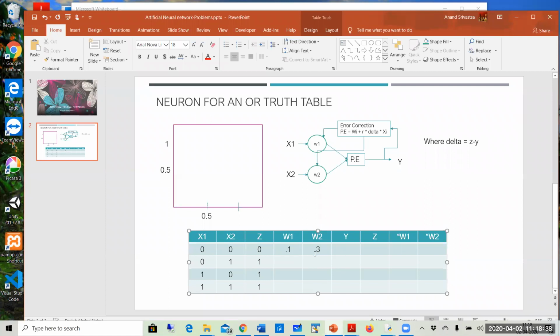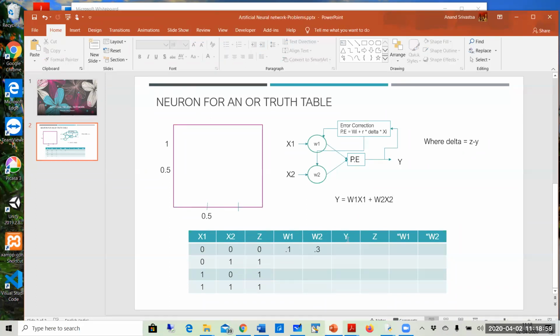And what is the y equation? y is equal to w1 x1 plus w2 x2, right? If at all you use this equation, the y is going to be 0.